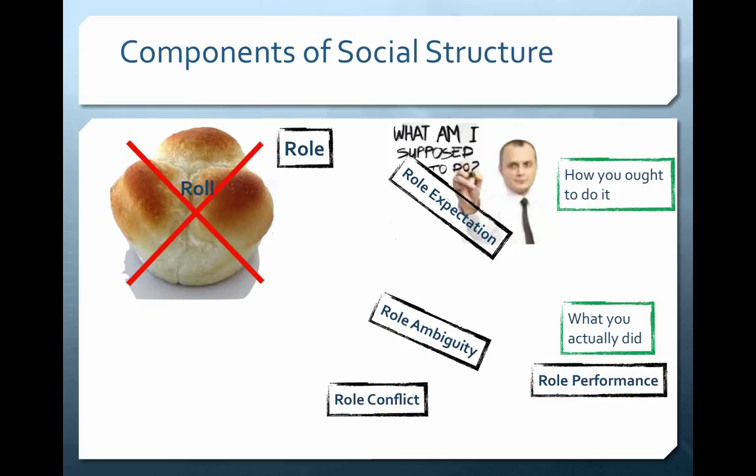Having multiple tasks, multiple responsibilities, something's got to give. To resolve the problem, we may prioritize our roles or compartmentalize our lives. This is getting more and more true for more and more people as we take on more and more responsibilities.